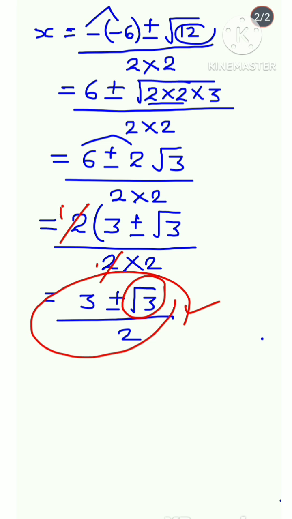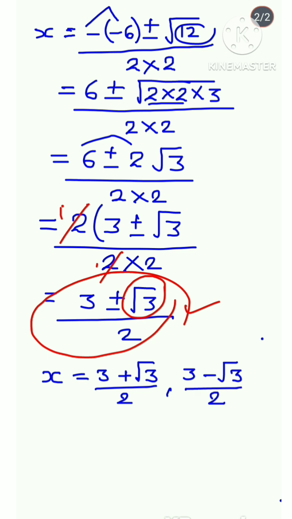And this will be our answer. So it can be written like this: x equal to 3 plus root over 3 by 2, again 3 minus root over 3 by 2. This is our final answer.